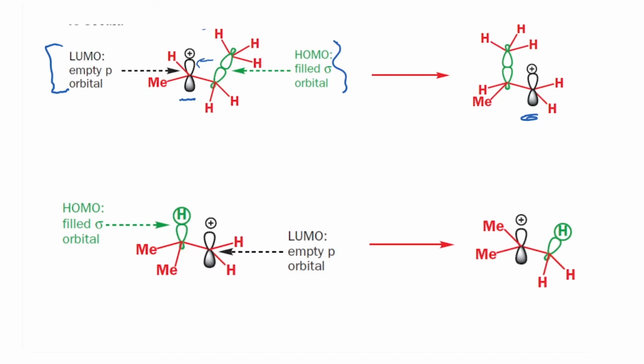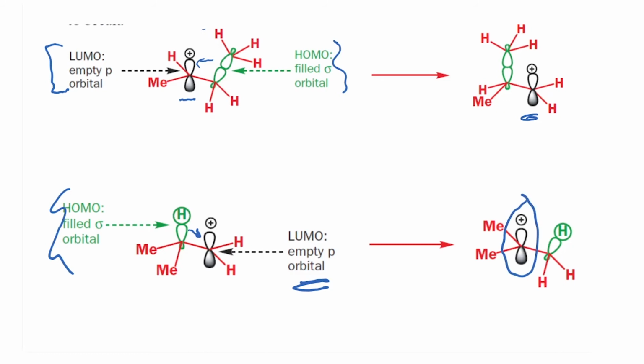Okay, now a similar thing happens during the migration of hydride. So remember, there's a difference between H plus and hydride. H plus is not being transferred here, it is actually an H with a pair of electrons. So this is the filled highest occupied molecular orbital of the carbon hydrogen bond, and once it interacts with this vacant p orbital, which is the LUMO, now the hydride can shift and give you a new carbocation.